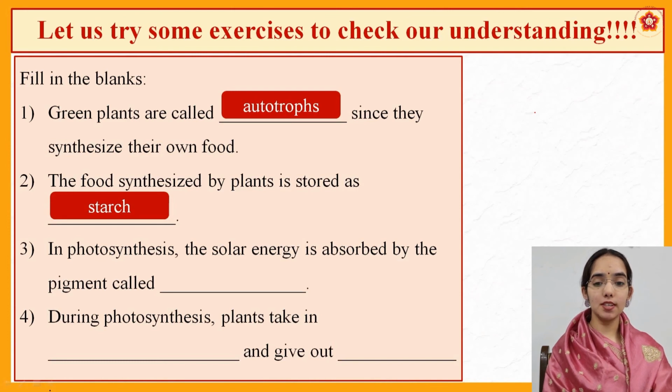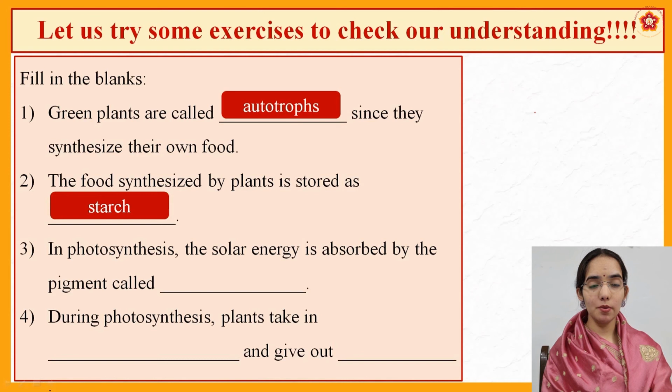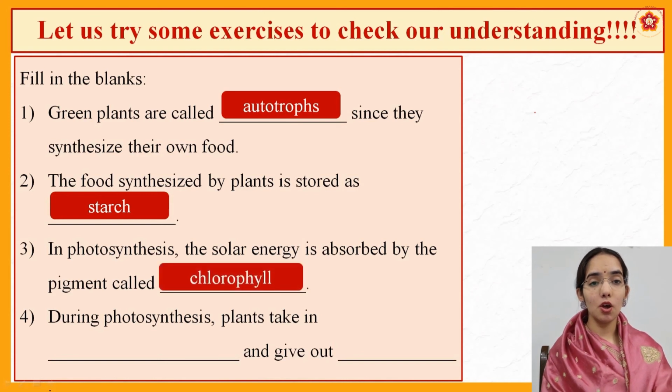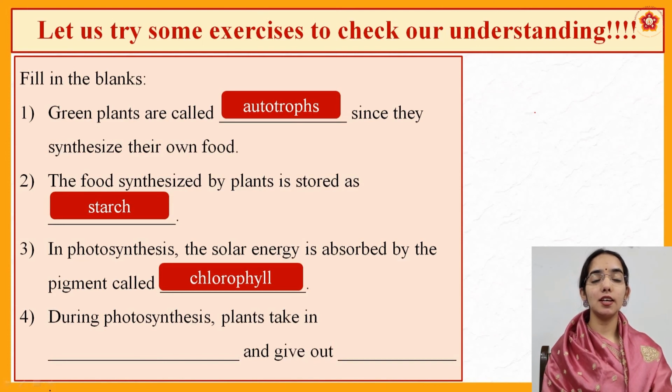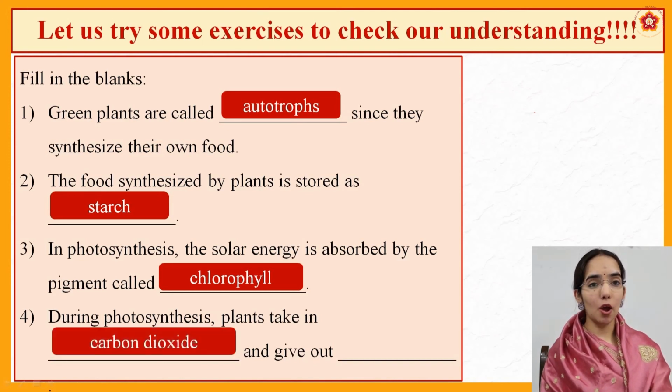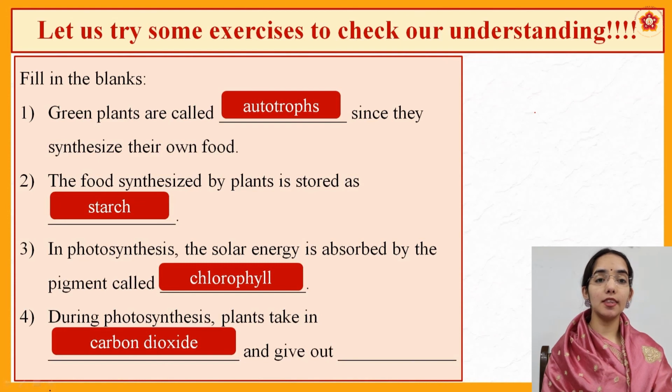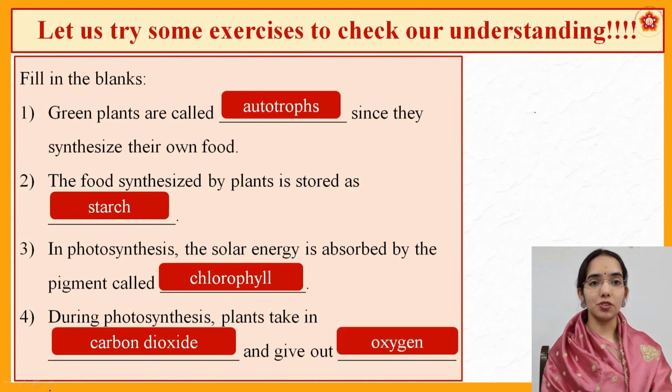In photosynthesis, the solar energy is absorbed by the pigment called, yes, it's chlorophyll. During photosynthesis, plants take in dash and give out dash. So what do plants take in? They take in carbon dioxide and they give out oxygen.